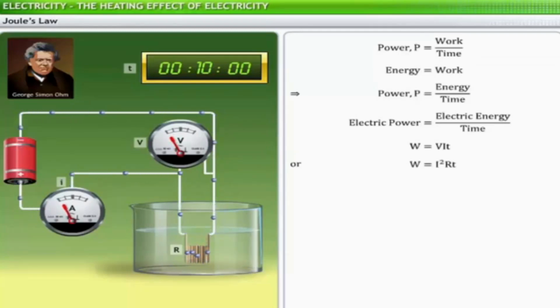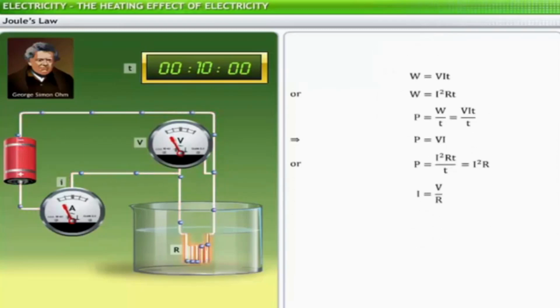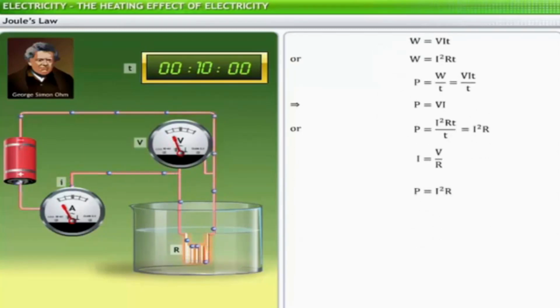Hence, electric power can be expressed as P is equal to VIT by T. This implies P is equal to VI, or P is equal to I square RT by T. This implies P is equal to I square R. Substituting I by V by R in the expression P is equal to I square R and simplifying, we get electric power equals V square by R.